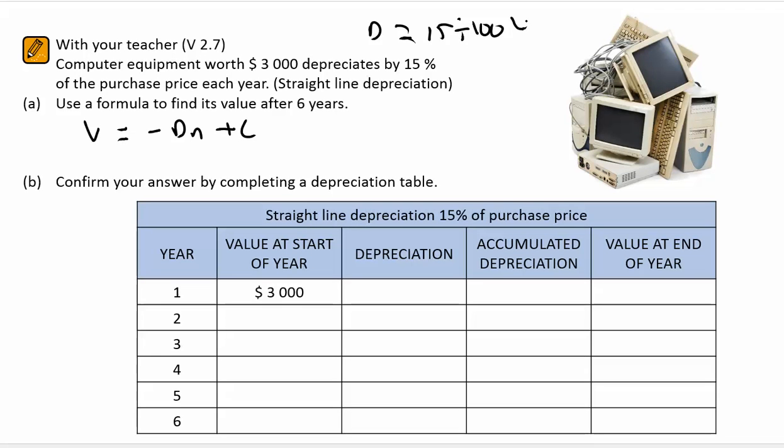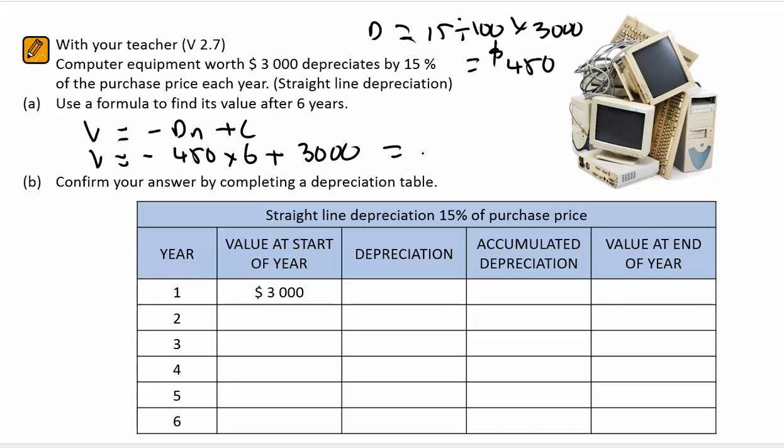I'll quickly work that out. So $450 a year. If I use this formula to find the value after 6 years, the cost price was $3,000, the value is $300.